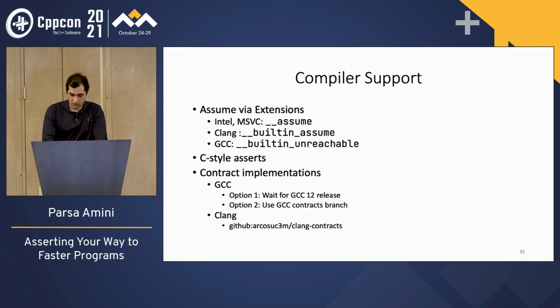Next April, I think, is when it's going to be released, which plans to implement contracts. Otherwise, you can check out the GCC contracts branch today. It's also on Godbolt. There's also a Clang implementation that seems to have not been active recently, and I haven't gone to test it.